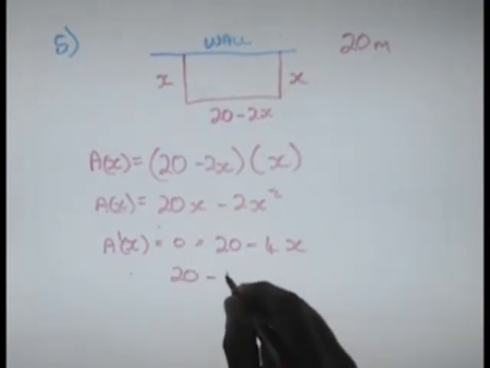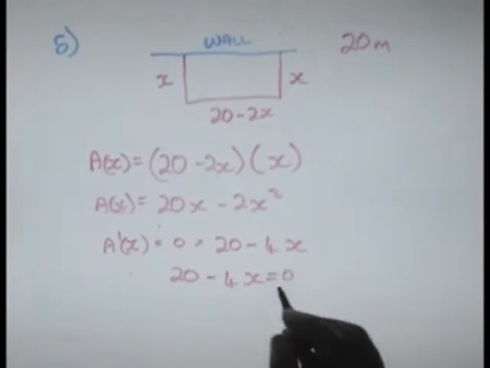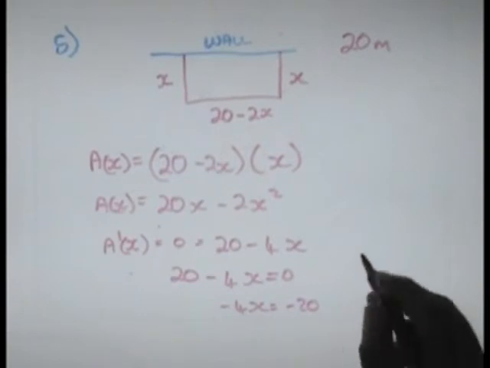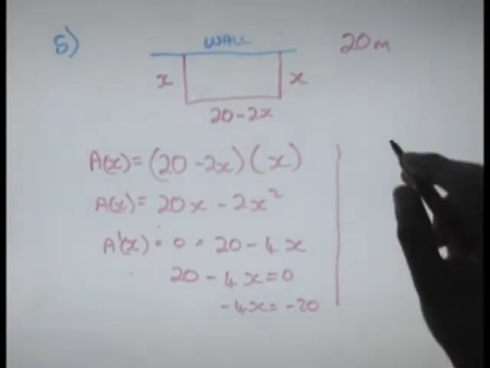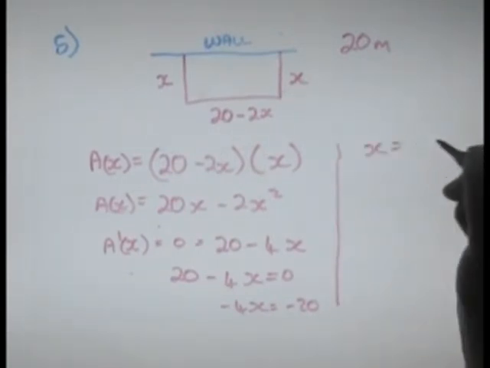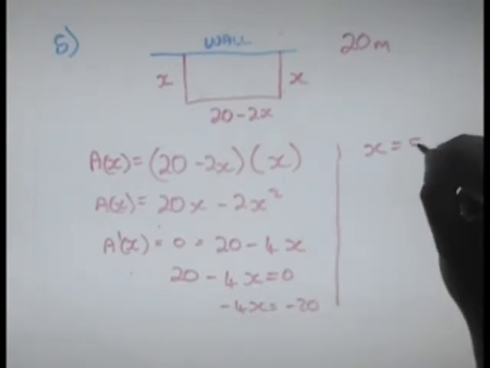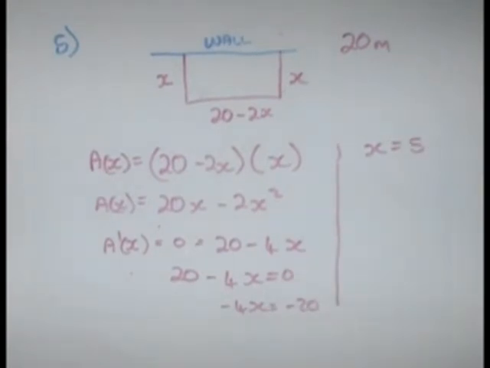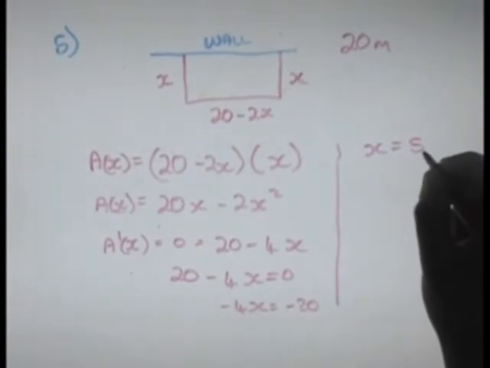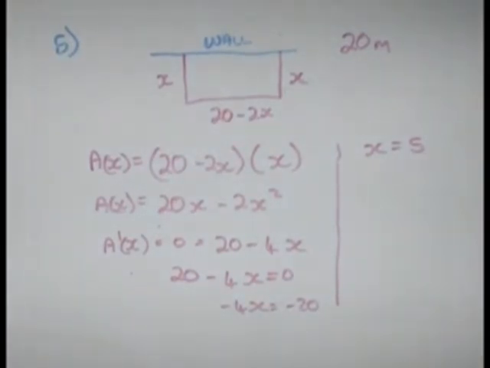That means that 20 minus 4x is equal to 0, means that minus 4x is equal to minus 20. That means that x is equal to negative 20 over negative 4, which is positive 5. If x is equal to 5, I'm going to achieve my maximum possible area.